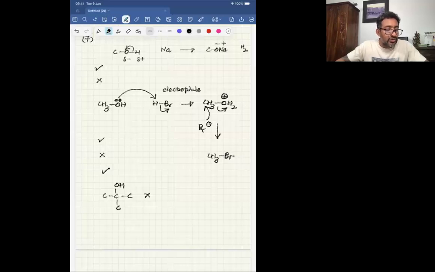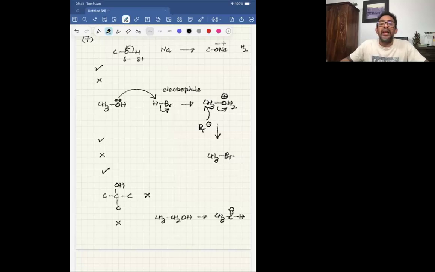Ethanol is oxidized to ethanoic acid by PCC. PCC turns it into an aldehyde. That is also wrong. Ethanol means CH3CH2OH. It turns into the aldehyde CH3CHO with PCC.